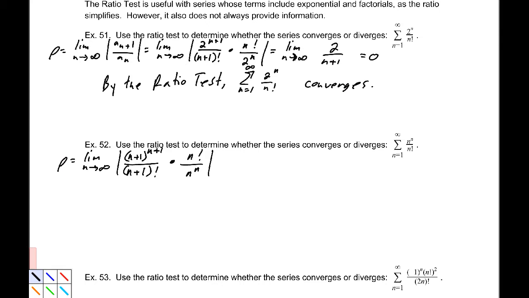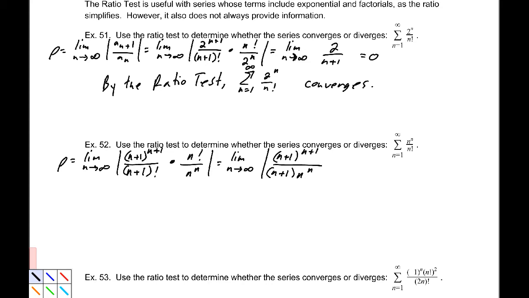Well, what can we reduce here? The n plus 1 factorial and the n factorial reduce. I'm going to leave my absolute values for the time being. So I get n plus 1, and then I have an n to the n, and the n plus 1 to the n plus 1.